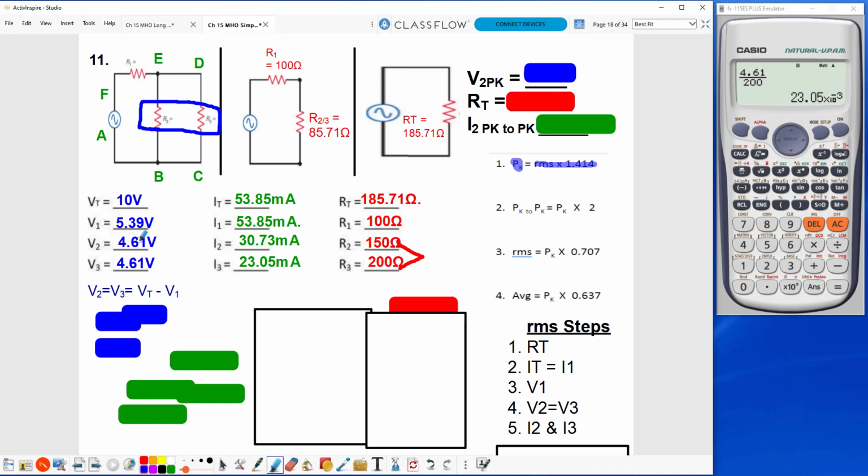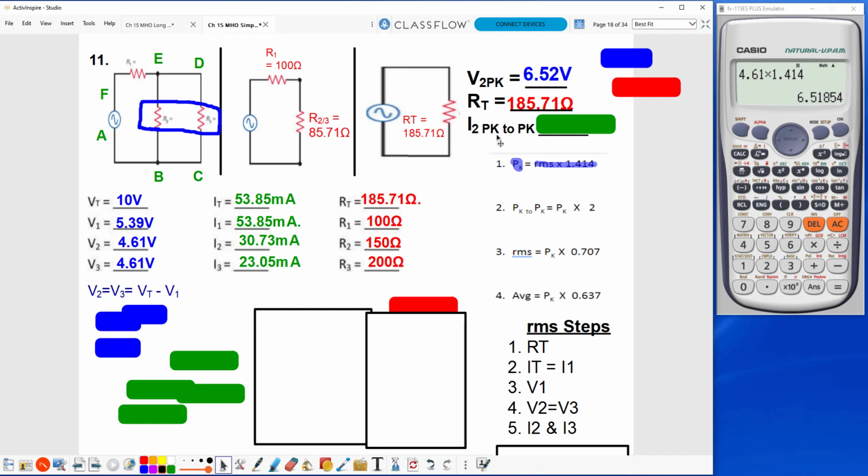The V2 RMS value is 4.61 times 1.414 to give me V2 peak, and it's equal to 6.52 volts. All right, RT: resistance is unaffected by whether it's AC or DC, so RT is just RT. So it is 185.71.